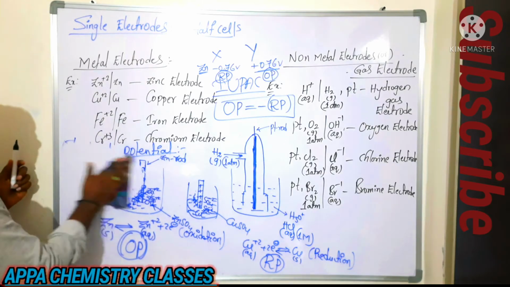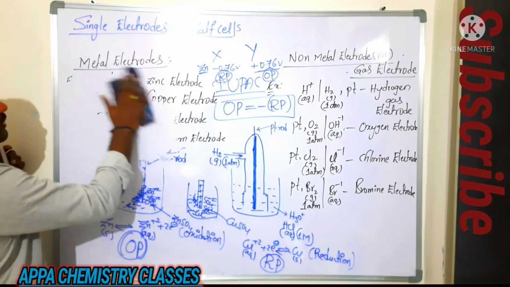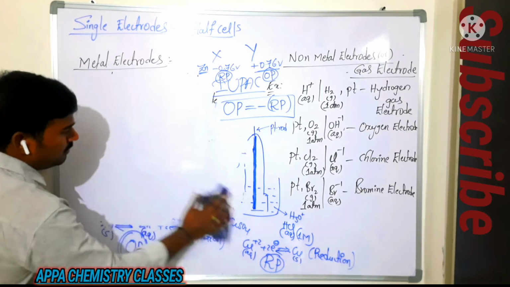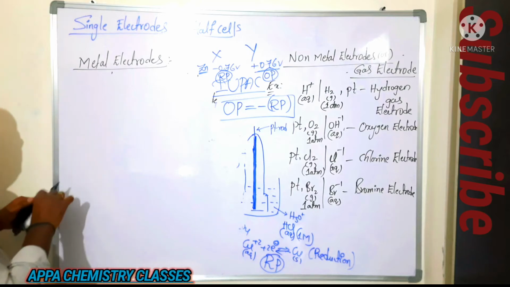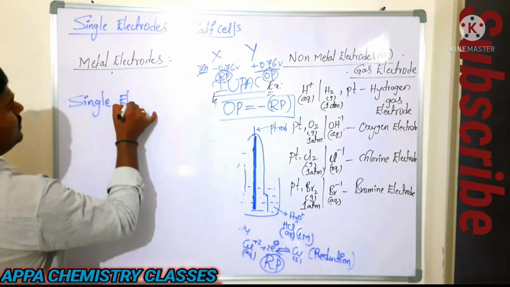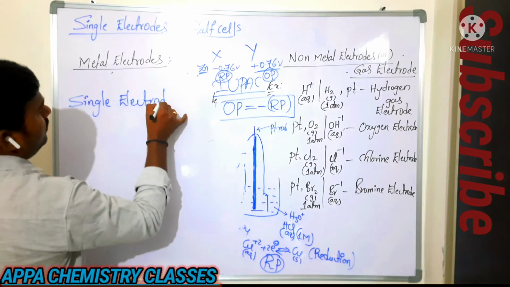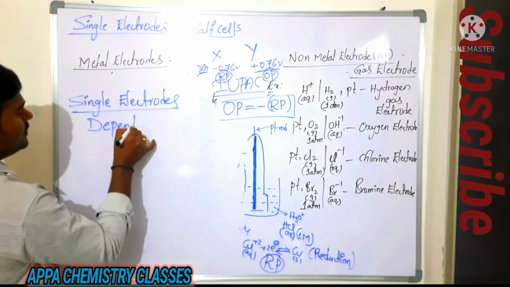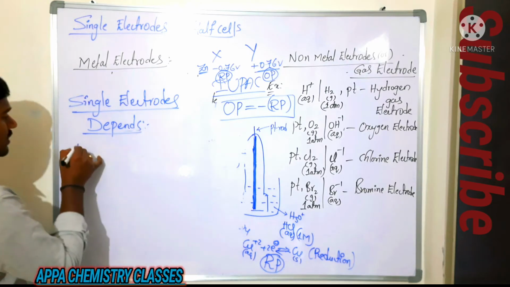And one more thing here, whatever the electrode potential is, this single electrode mainly depends on the following factors. So what are the following factors?